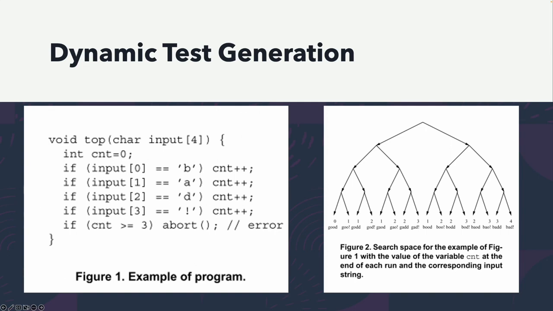issue. So from this program, we can see how dynamic test generation works. The right hand side just demonstrates how they generate the test cases. The leftmost case is the self-defined string, which is called good. As long as it is on the left hand side, there is no modification. For instance, this string tells us that it modified the last string to fulfill the corresponding if statement.